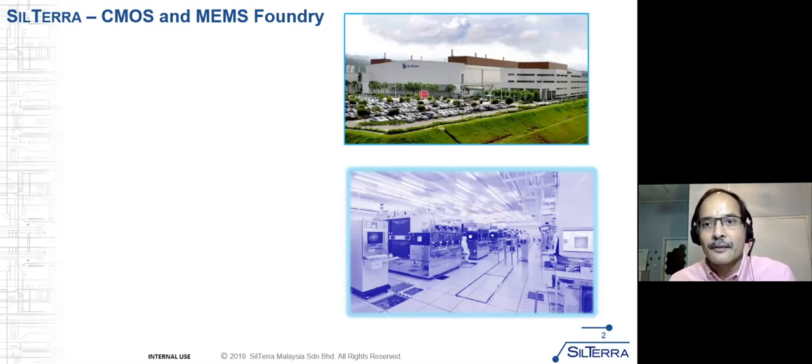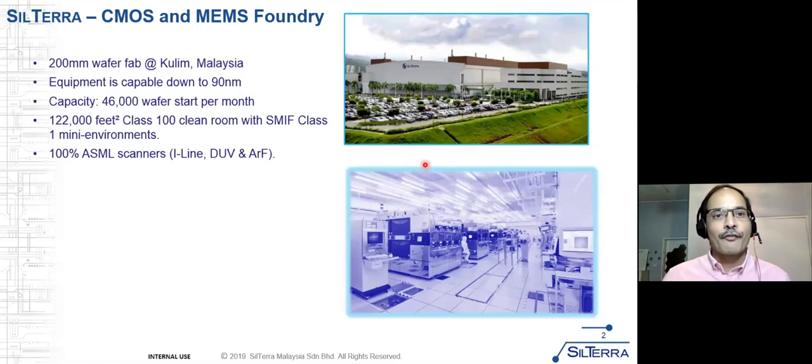So this is primarily the CMOS. SilTerra is an 8-inch fab located very close to Penang, Malaysia, and our equipment is capable down to 90 nanometers. Our capacity is around 46,000 wafer starts per month.